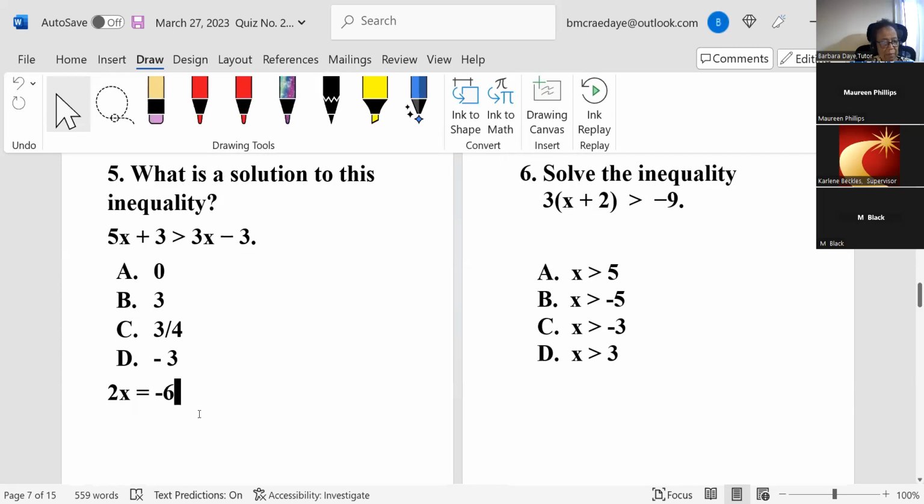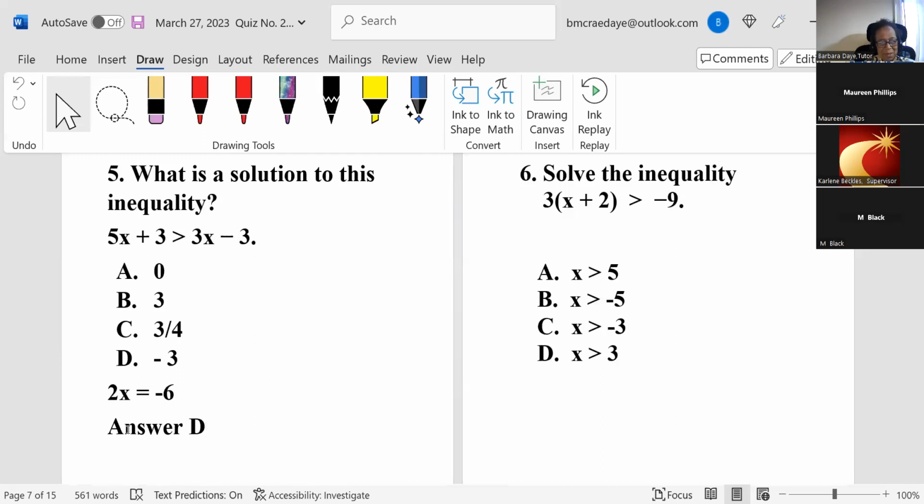I'm gonna subtract. No, divide. No subtraction, this is multiplication, I'm gonna divide. Two on both sides. Divide both sides by 2, and that's how you got the -3, right? Yes. Maureen, you understand that? Sometimes guessing does not work.